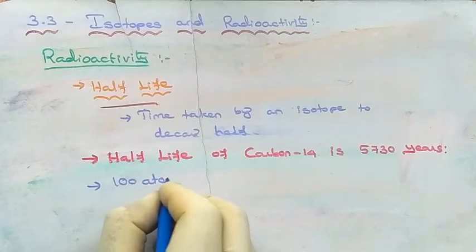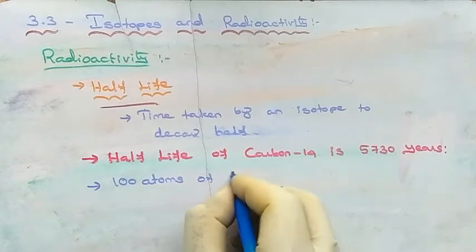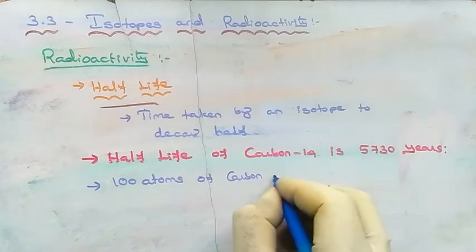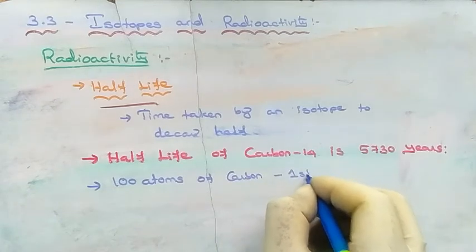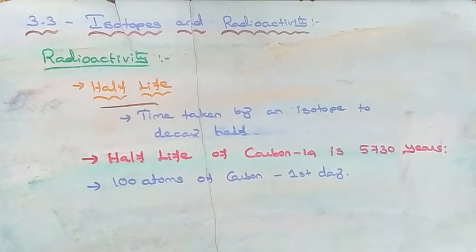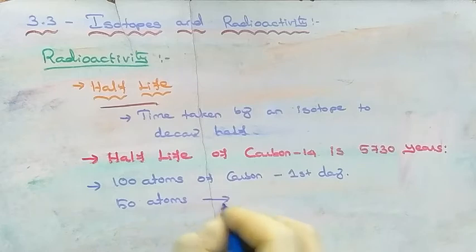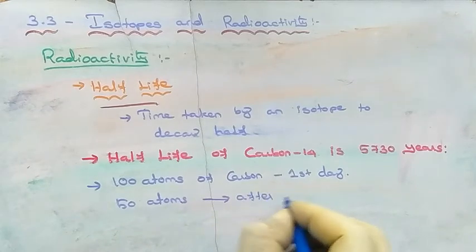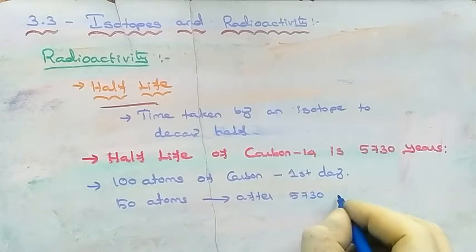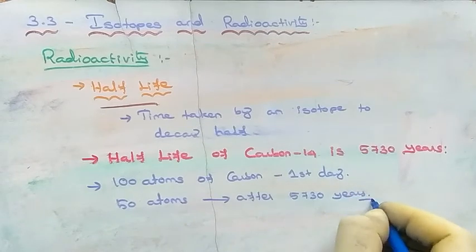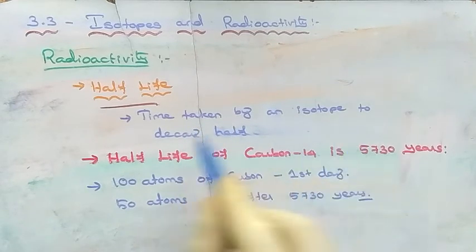For example, if there are 100 atoms of carbon-14 on the first day, after 5730 years, the number of carbon-14 atoms will become 50 because of the decay or because of the radiation. So this is what half-life is. Half-life is the time taken by an isotope to decay half.